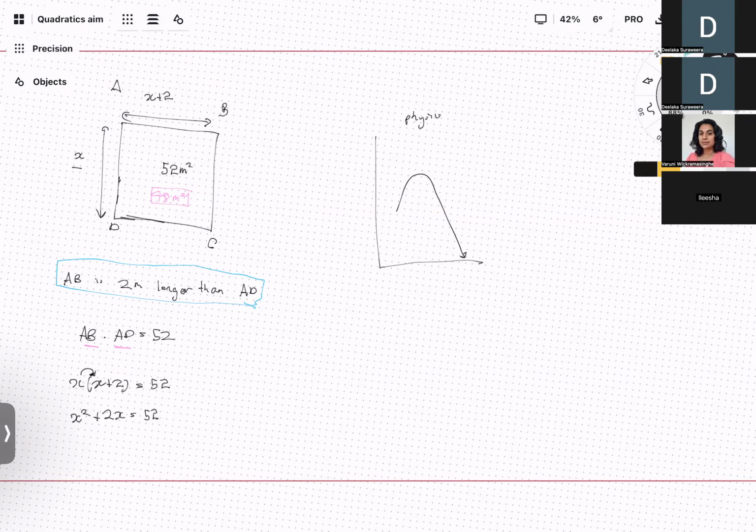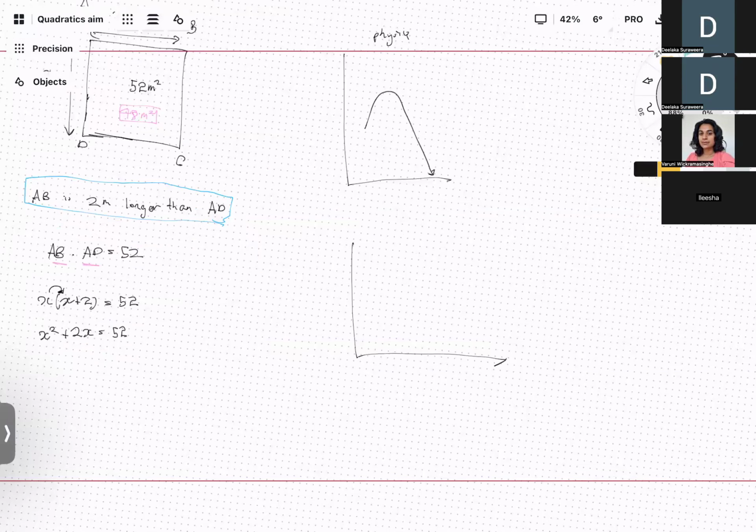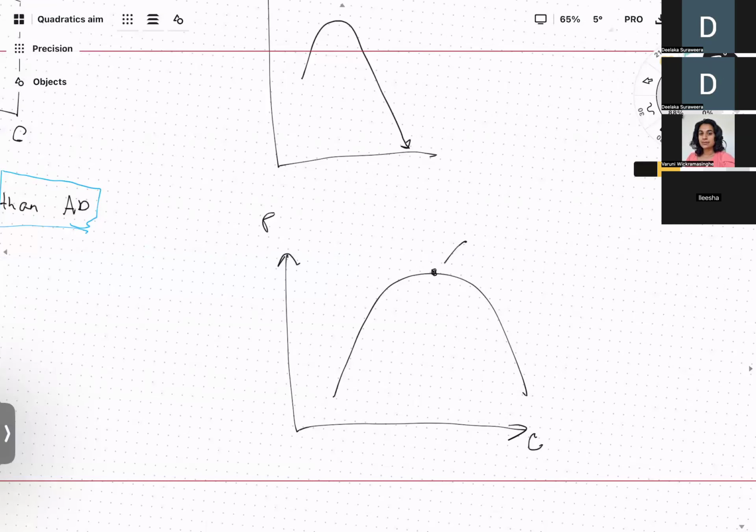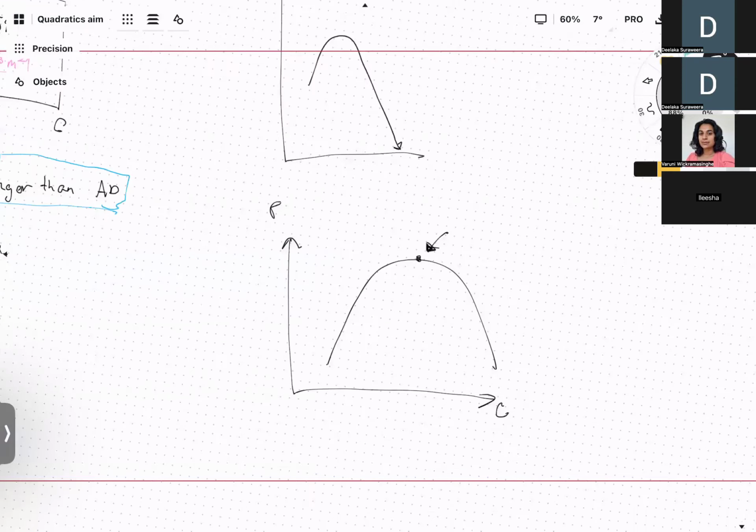If you're in economics, you might have a model for profit against cost, or whatever. It has a quadratic shape. Again, I'm not expecting you to know any of this. But the point is, quadratics have a turning point where everything is maximized, and in economics, you're trying to find this point because companies want to maximize profit.